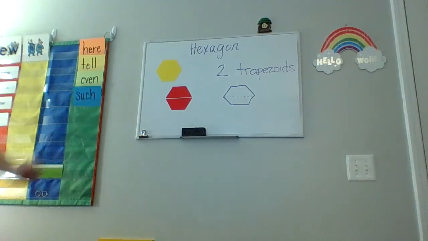That's one way to make a hexagon using 2 trapezoids. There's another way, but I'll wait. When you're finished making your hexagon with 2 trapezoids, I would like you to give me your sleepiest face.